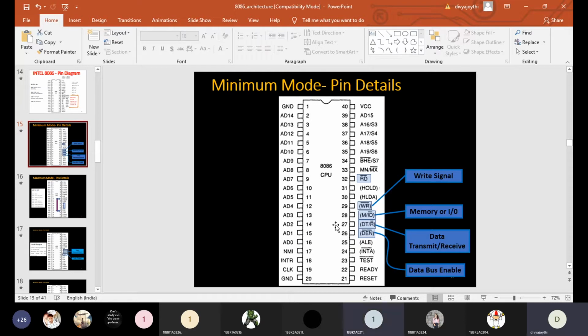Now you tell me, if pin number 27 is equal to 0, whether the processor is transmitting the data or receiving the data. Pin number 27 value is 0. Is data transmitted or received by the processor? Received. Any other answers?